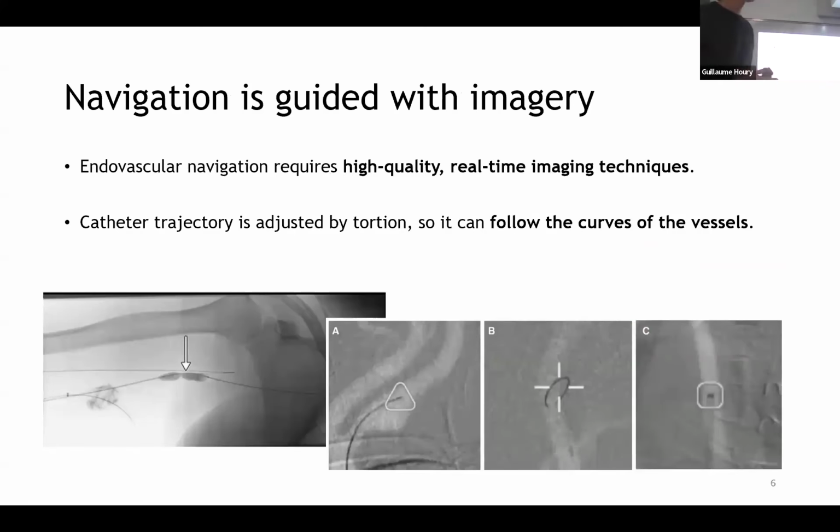All these applications have been made possible thanks to the availability of high quality and real-time imaging techniques that help the surgeon to know exactly where the catheter is, and help adjust its trajectory.